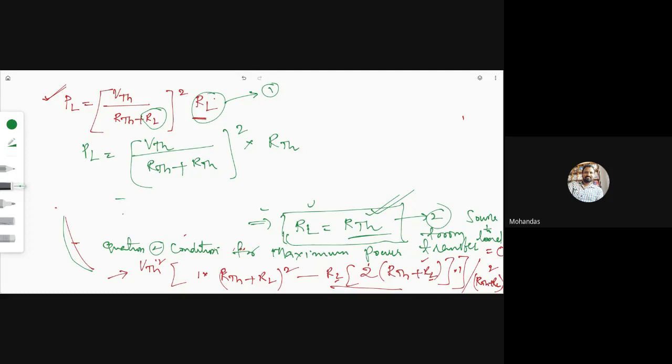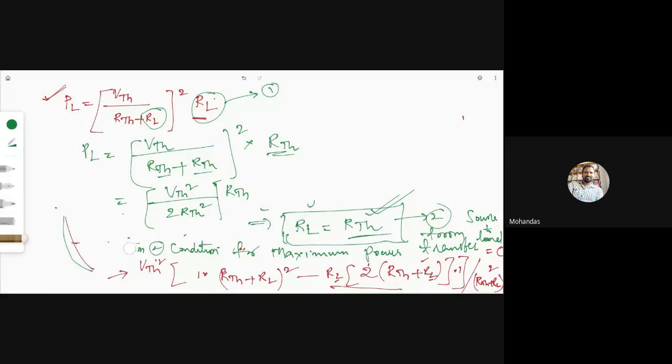So which is equal to V Thevenin square by (R Thevenin plus R Thevenin, which is 2 R Thevenin) whole square, into R Thevenin.